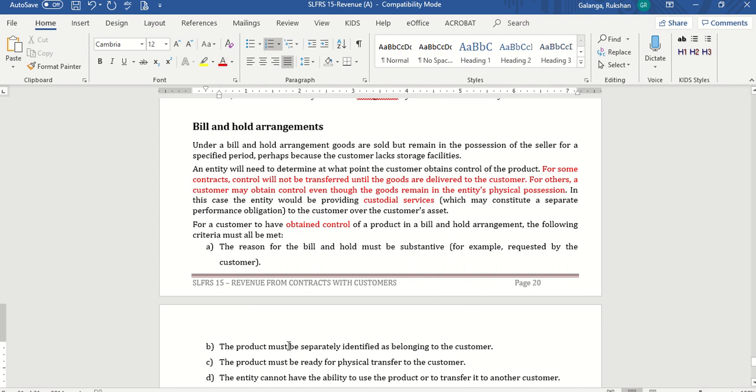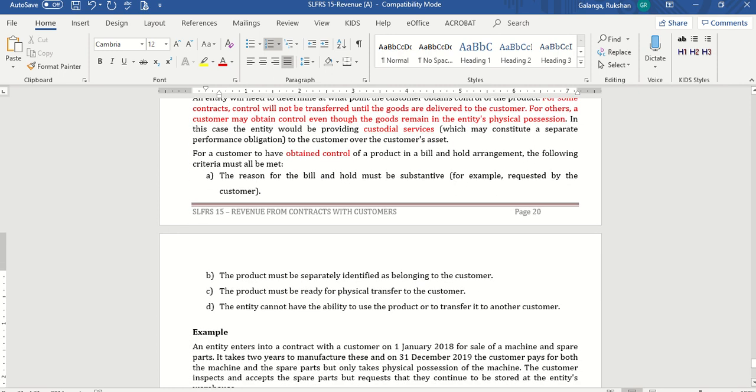The product must be separately identified as belonging to the customer. කියන අපිට පුළුවන් වෙනවා අපේ entity එක right මේ location එකේ තියෙන customer ගේ බඩු ටික කියලා වෙනම identify කරන්න පුළුවන් වෙනවා. The product must be ready for the physical transfer to the customer, right?